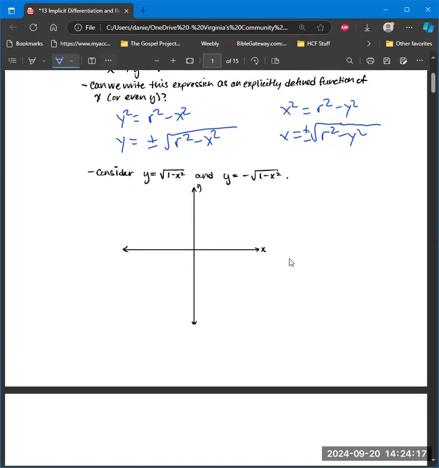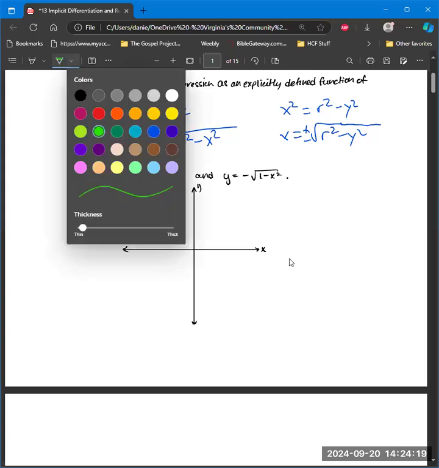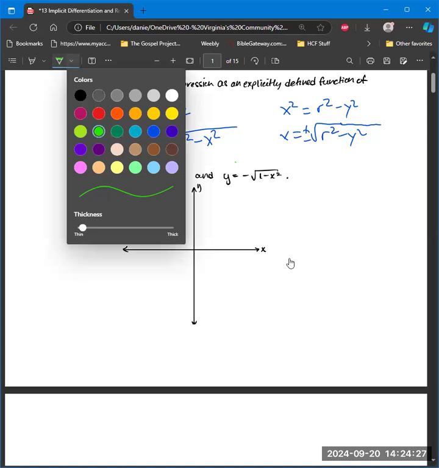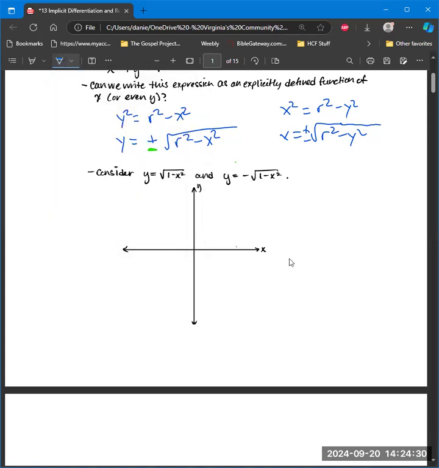I'm going to make a green color here for the minus so that you see the top part is going to be in blue, going from negative r to r. And hopefully I can draw something that looks like a circle here. So that should be the top half of the circle.